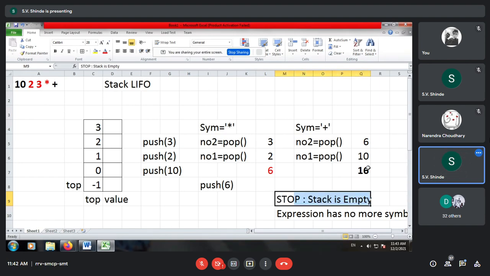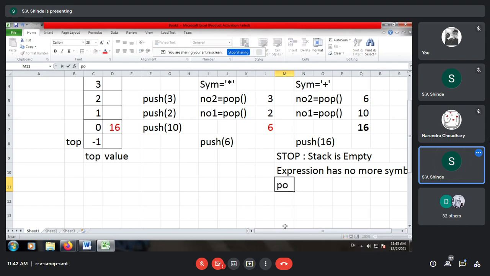Where you can declare the results. If you find anything difficult to understand, you can also push 16 on the stack. So over here it will be 16, and if there is the end of expression, no more symbols, you can finally pop the answer from the stack and print the result.